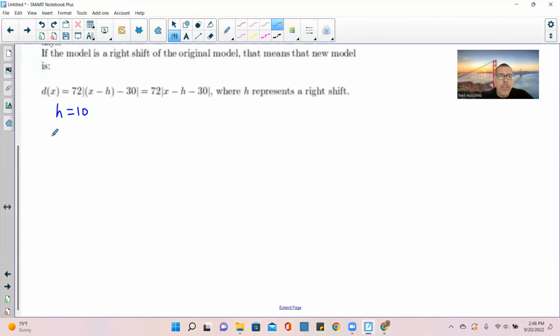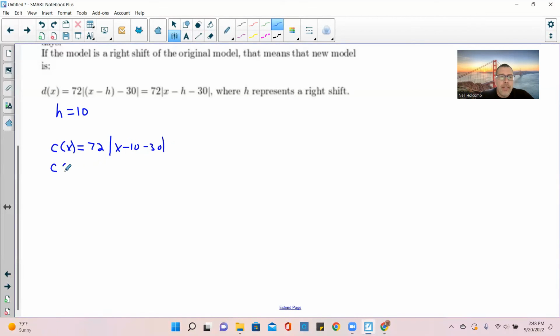So if that happens, then we are going to get a function. Let's just say C of x, it doesn't matter. They call this D of x. So let's say C of x equals 72 times the absolute value of x minus 10 minus 30.